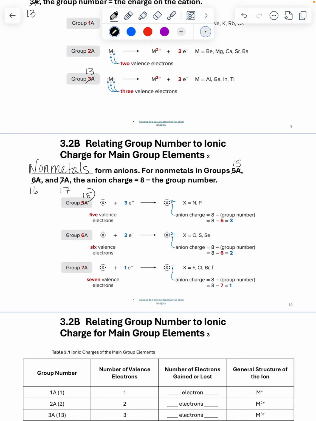So all of the atoms in group 15 would have 5 valence electrons. All of the elements in group 16 would have 6 valence electrons, and all of the elements in group 17 would have 7 valence electrons. So you can memorize this little formula, if you will, or you can just remember to take the ones place of the group number, and that will work as well.